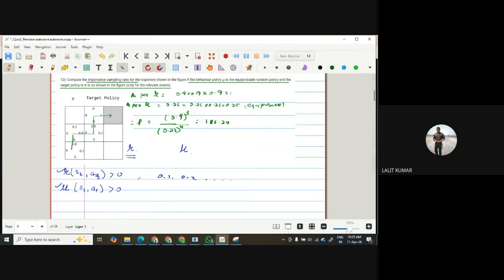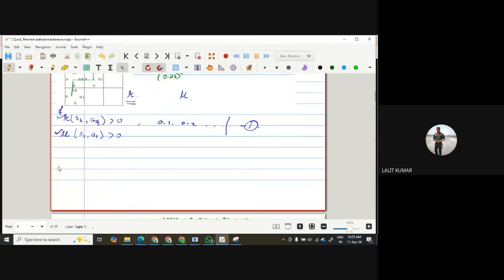This is applicable: if pi is greater than 0, then mu will always be greater than 0. This is the first concept, number 1. Number 2. In case they tell you in a question which they have asked in a PYQ that pi of A_t given S_t is 0.3, then what can be mu? So we know mu will always be greater than 0. And this is a probability, so it is bounded between 0 and 1.